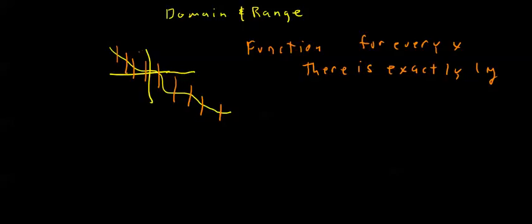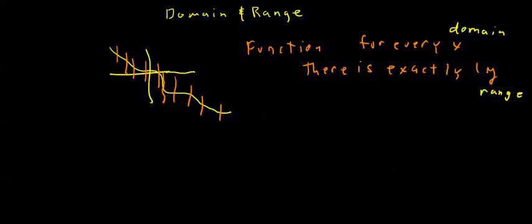So no matter where I draw my vertical line here, it gets a little close here, but there's only one place I intersect. All right? So for every x, and the x is our domain, and the y is our range. But traditionally we use x and y, so x for the domain, y for the range.